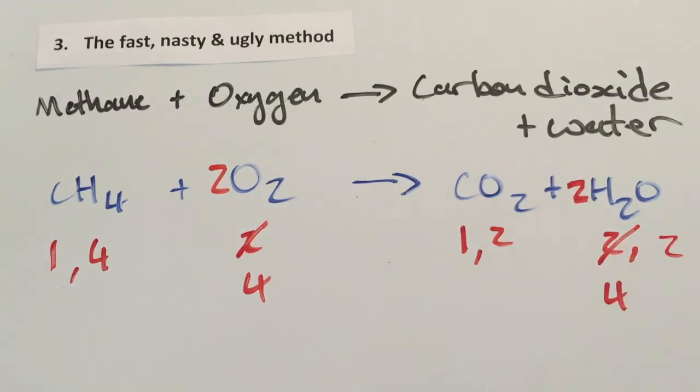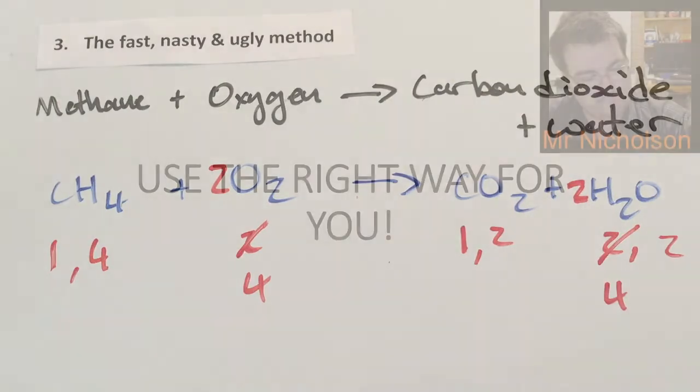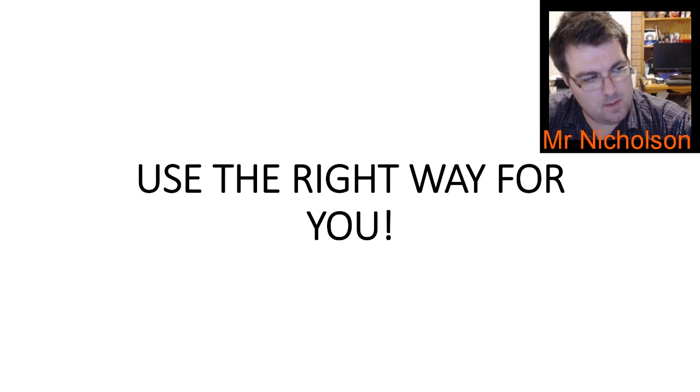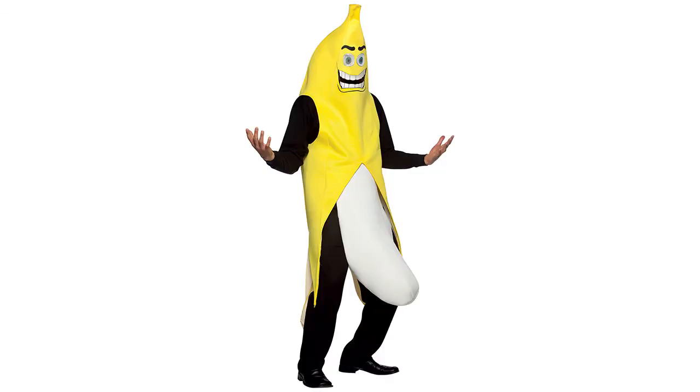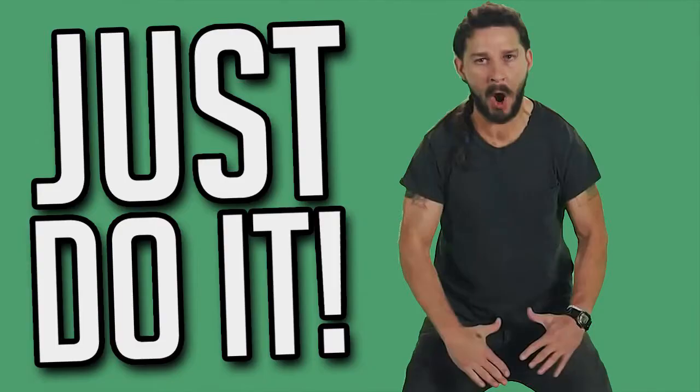Now, this third method, it is difficult, but it's one that comes with experience. So don't let it bother you if you struggle with this third method to start with. Use the right tool for the job. Now remember, you may be puzzled, but when it comes down to it, you just have to practice. You have to get good at this.